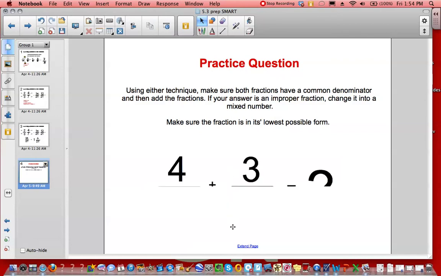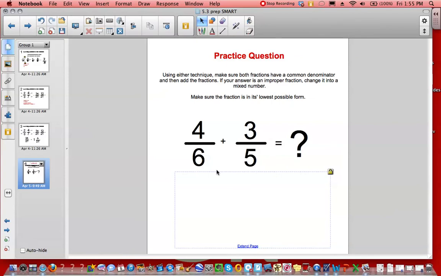So 4/6 plus 3/5. What does it equal? You'll notice that both denominators are different. You're going to have to find a way to find a common denominator before you add them, and you'll get an answer. If it is an improper fraction, change it to a mixed number.